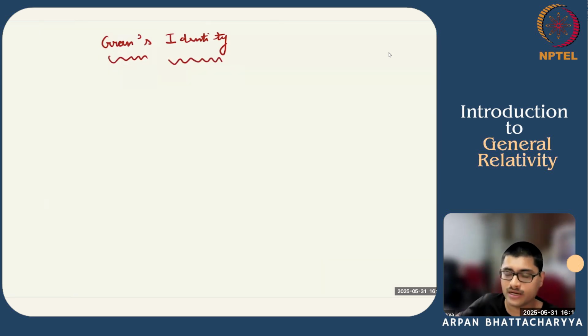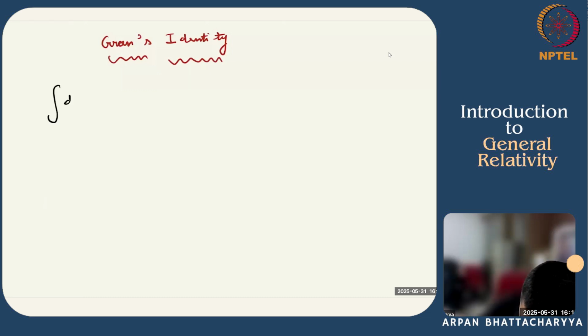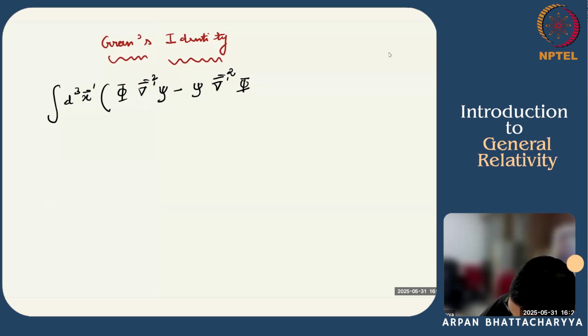Given a region gamma and its boundary delta gamma, we have the following identity: the integral d3x of phi del squared psi minus psi del squared phi.